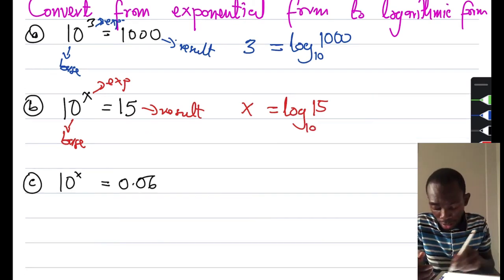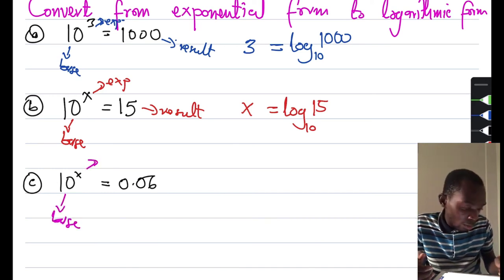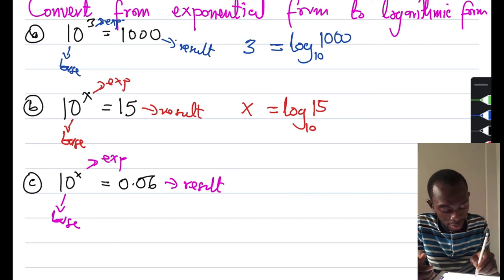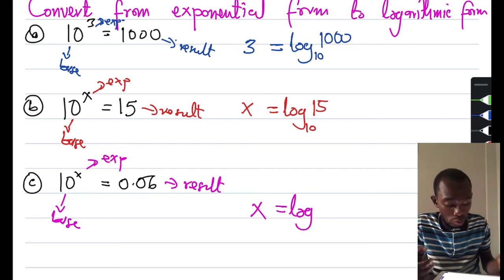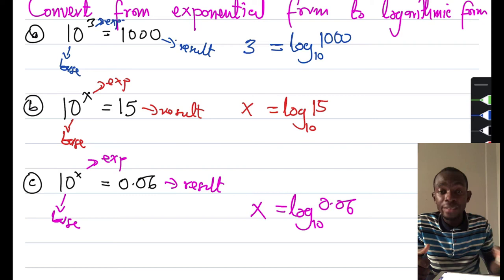Then let's check this one out. The base is 10, this is the exponent, and this is our result. So how would you write that? You have x is equal to log the result 0.06, base 10.